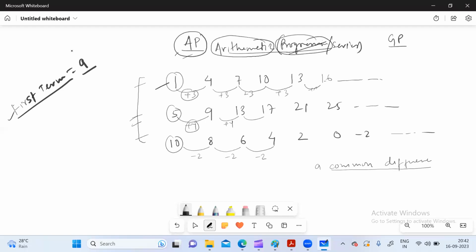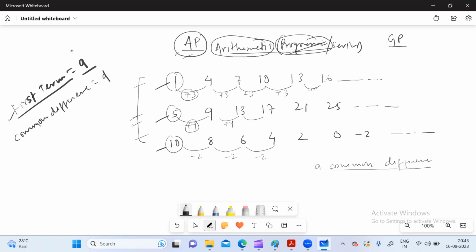Here the first term is 1, here the first term is 5, here the first term is 10. And the unique common difference which exists in every series, we'll call it D.